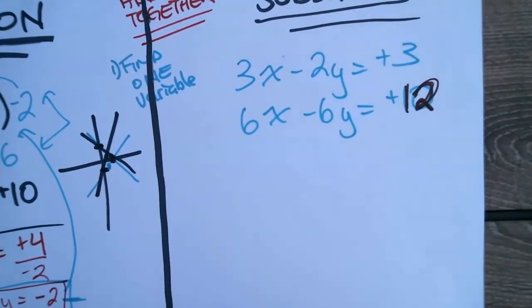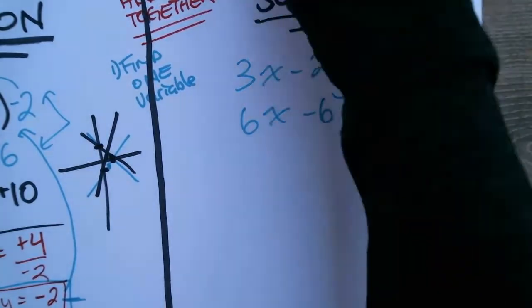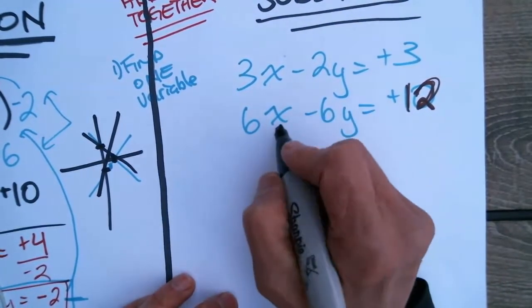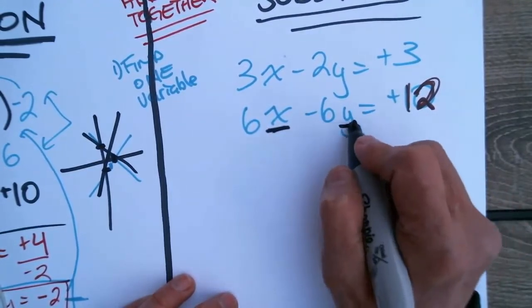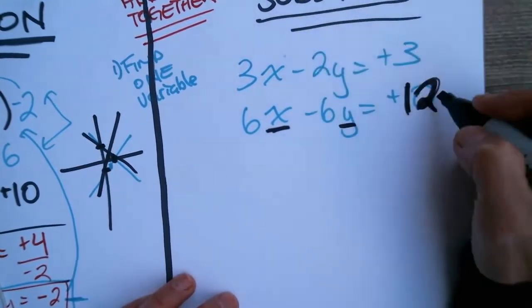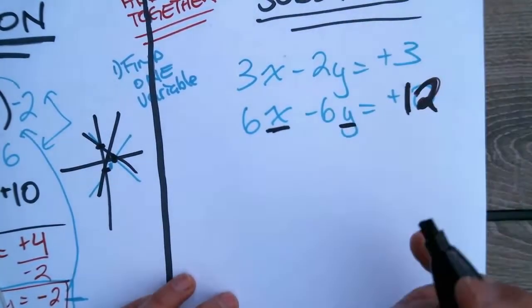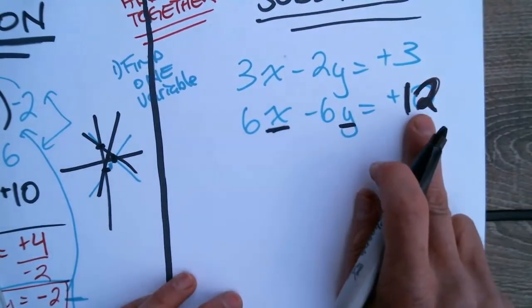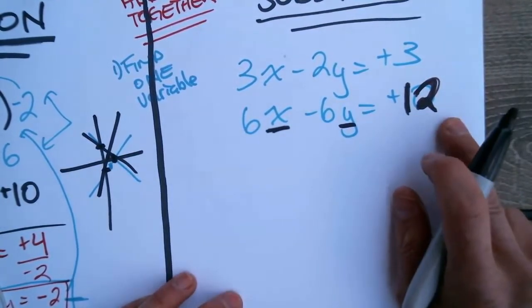Okay, so in this one, we are doing something a little different, because what we're going to do here is solve for one of the variables. The reason I wanted to change this to 12 is that otherwise substitution doesn't work. Do you see how if I factor out a 6, I can divide this whole thing by 6?